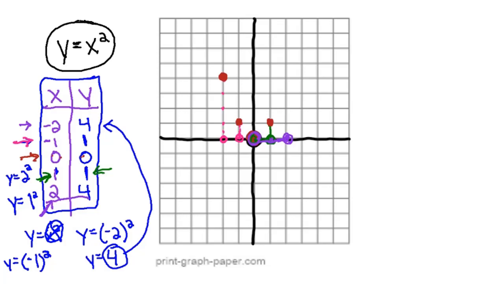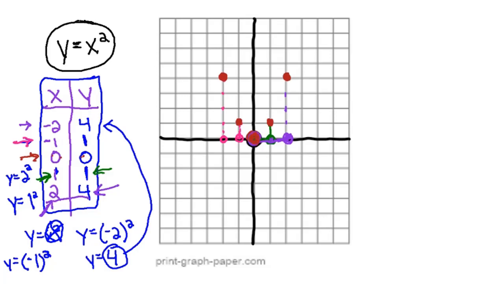And then y is 4, and that's +4, so it's going to go up. From where that x circle is, that purple circle, we're just going to count up 4. 1, 2, 3, 4. So let me get out my red, and I'm going to make a red dot there, and that's where x is 2 and y is 4.